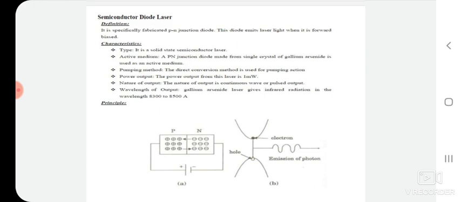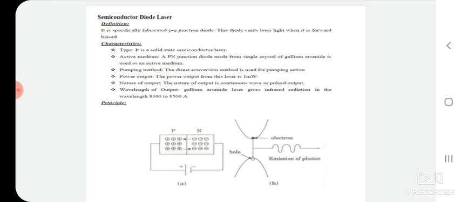They have some specific characteristics. That is, the type: it is a solid state semiconductor laser. Second characteristic is the active medium.